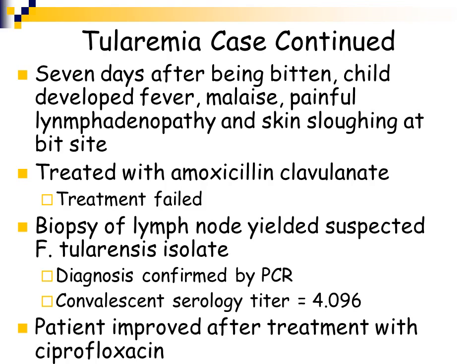He was treated with amoxicillin clavulanate, but that didn't work. A biopsy of the swollen lymph node was done, and it was suspected that the isolate might be Francisella tularensis.